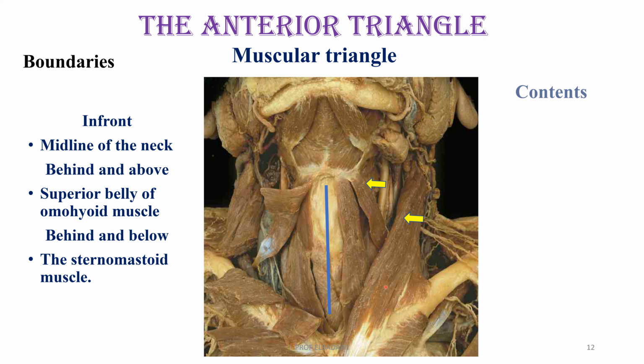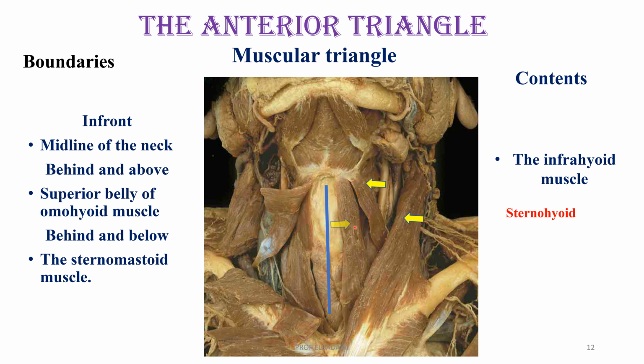The contents are simply the infrahyoid muscles, which are the sternohyoid, that muscle here, ending in the hyoid bone, the omohyoid, and two deep muscles, which are the thyrohyoid, from thyroid to hyoid, and the sternothyroid muscle. And these are all about the triangles of the neck.